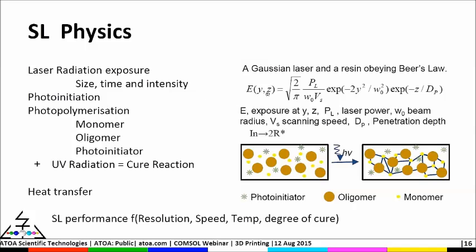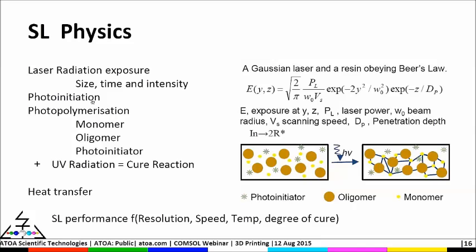The critical exposure is related, for a Gaussian laser beam, to the laser power, the width of the beam, the scanning speed, and the penetration depth. Based on this, you can calculate the critical laser exposure energy which is required.